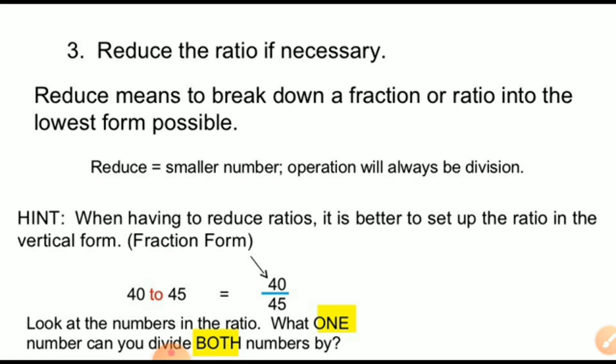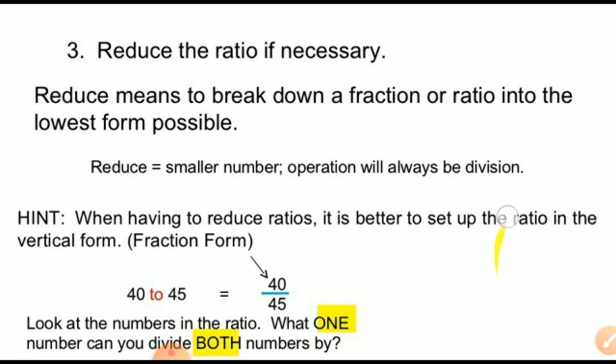Reduce the ratio if necessary. Reduce means to break down a fraction or ratio into the lowest form possible. Reduce means a smaller number. The operation will always be division. Hint: when reducing ratios, it is better to set up the ratio in the vertical, fraction form.